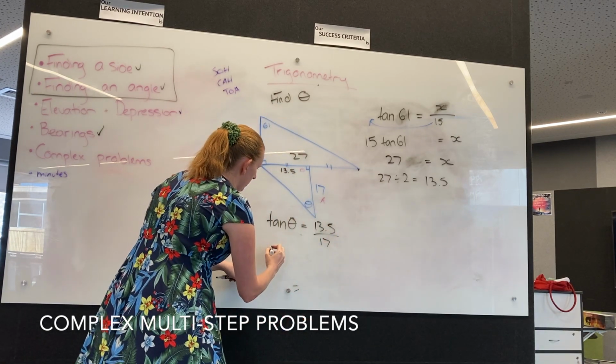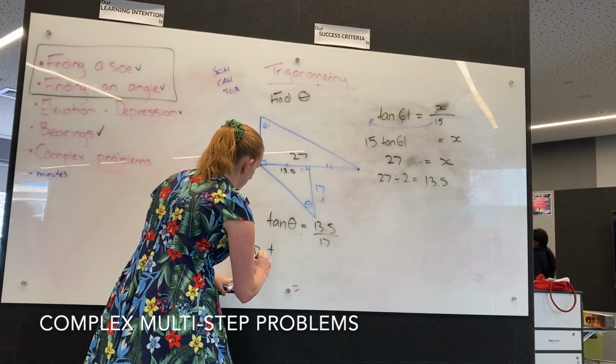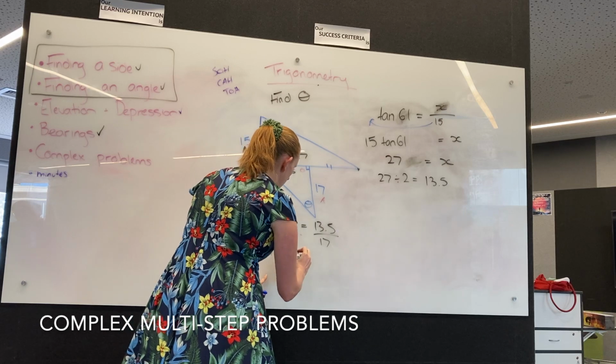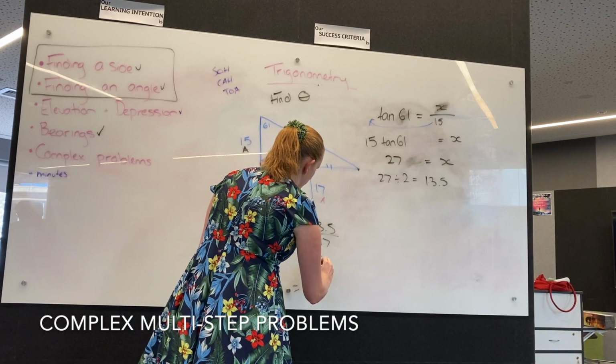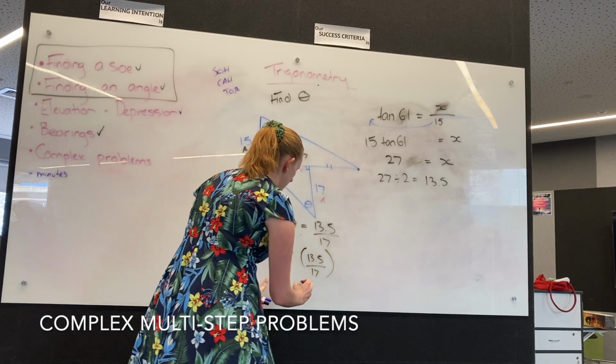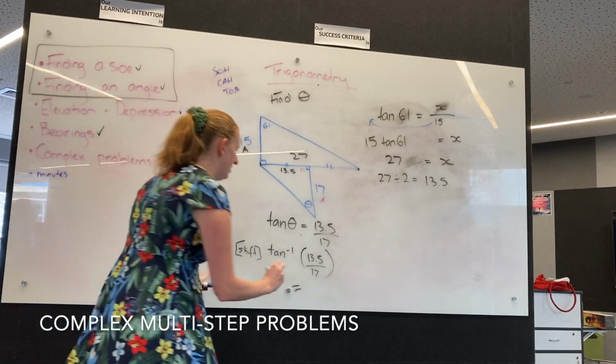Now I'm trying to find the angle, so I need the inverse. So I have to push shift, tan to the power of -1, 13.5 over 17. And what does that equal? 37.45.